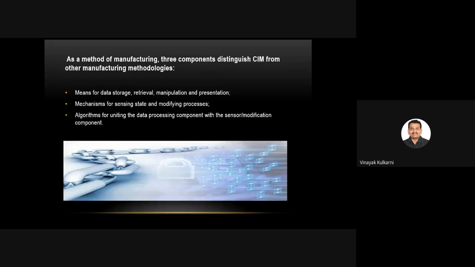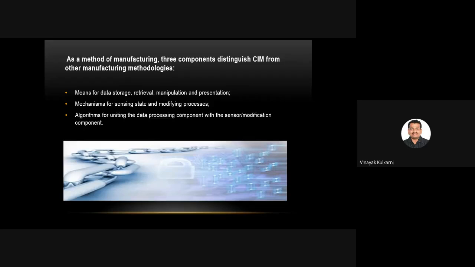But now, since you have the software, you can say, I want to delete this line, you can directly delete the line and get the new line wherever required. You have all the software available. The data storage of whatever drawing you have done is easy. You can retrieve it easily at any point of time, and manipulating is very easy. And presentation is directly on the laptop. You have the software, you have the laptop, and you can directly present it.